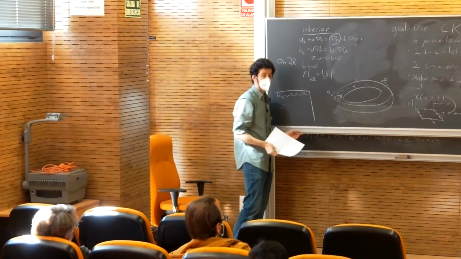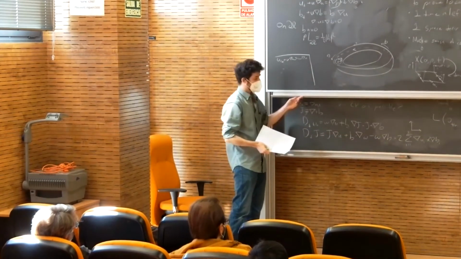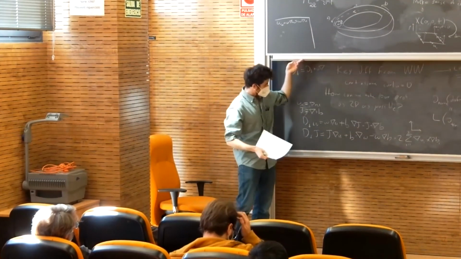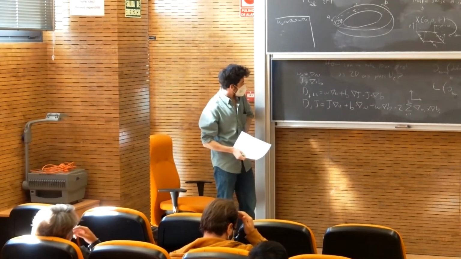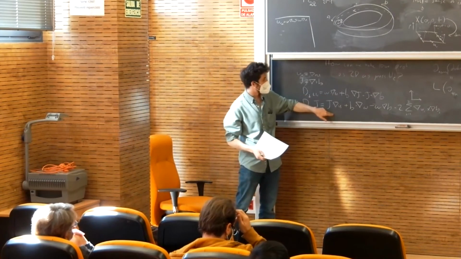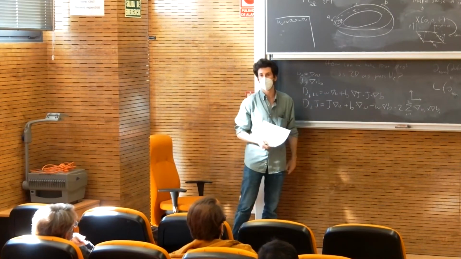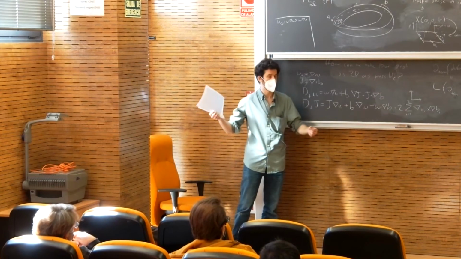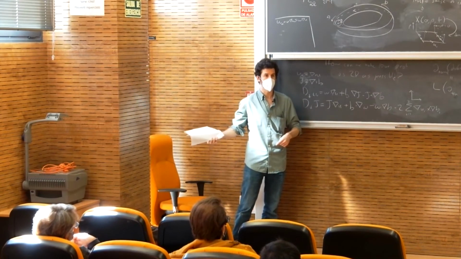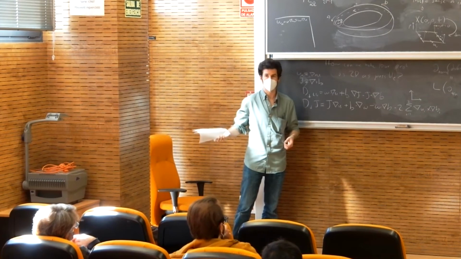Now I have to look at the evolutions of omega and J. And every time I see gradient U or gradient B, I can use my formula that I just developed to introduce tangential derivatives and then new appearances of J and new appearances of omega.